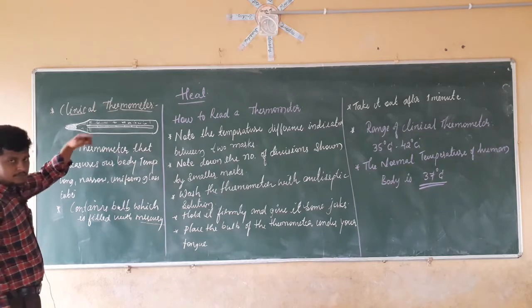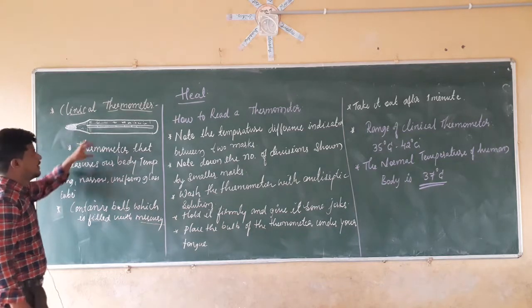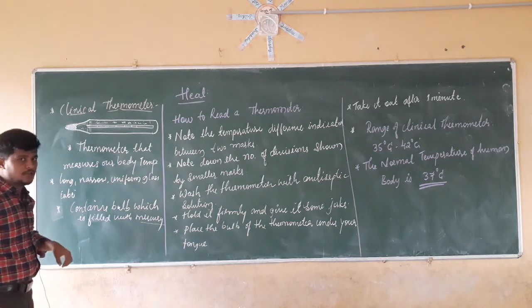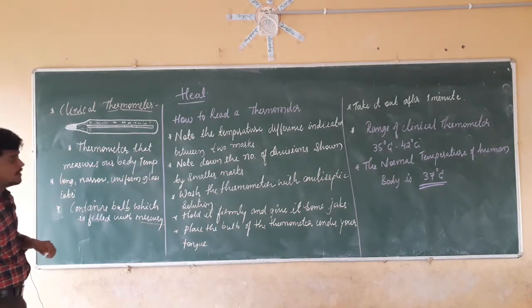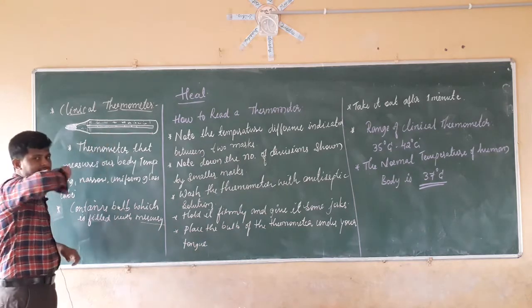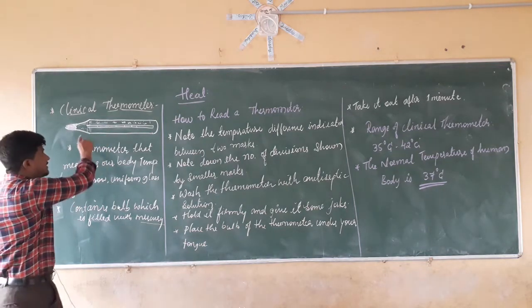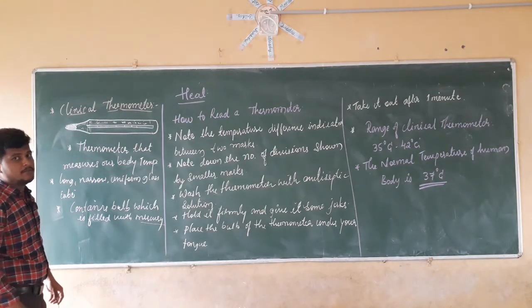In this clinical thermometer, we have a glass tube, and a glass bulb here which is filled with mercury. When we see closely, we have a thread inside, which contains the measurement scale. That thread is filled with mercury again.